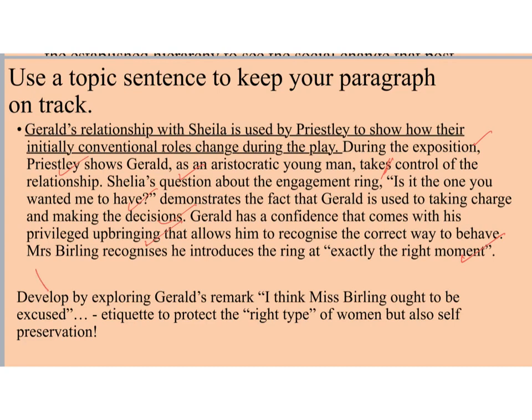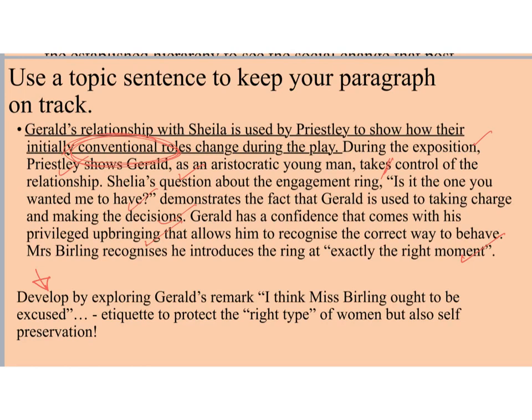I might want to develop these points by exploring Gerald's comment of "I think Miss Birling ought to be excused," because conventionally he wants to protect Sheila because she is his fiancée, she is the woman he's going to marry, and women need to be conventionally protected from things.